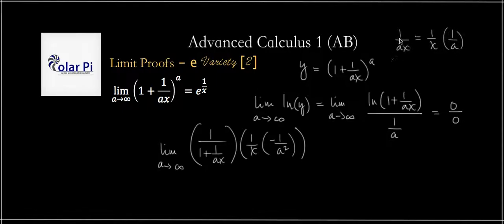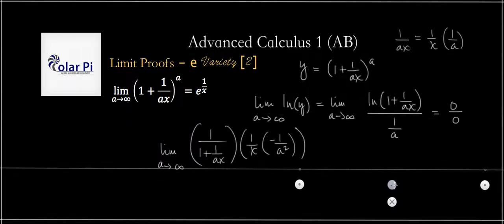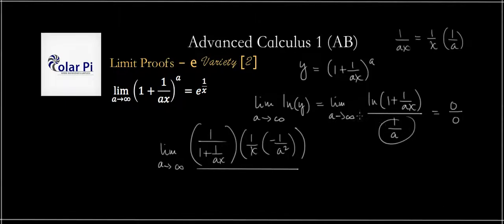So the derivative is: leave the constant alone, which I've done right here, and then multiply by the derivative of 1 over a, which is negative 1 over a squared. All of this here is the derivative of that numerator, so we have to divide it by the derivative of the denominator before we send a to infinity. And the derivative of the denominator, we just did: it's negative 1 over a squared.